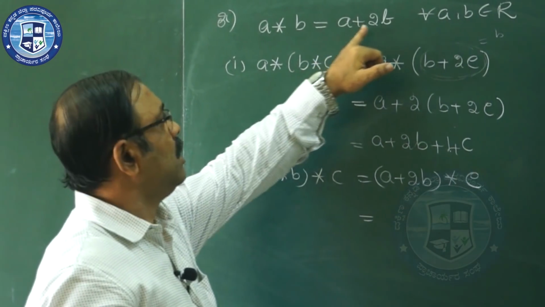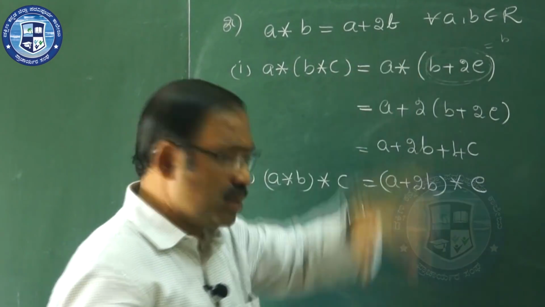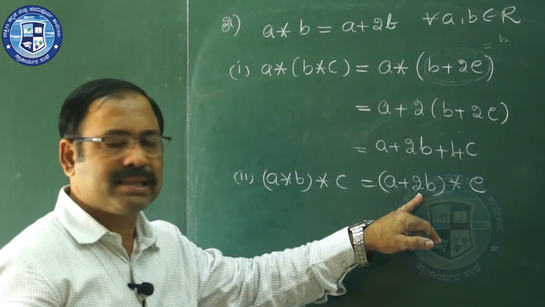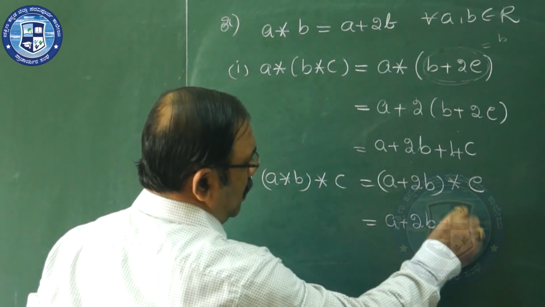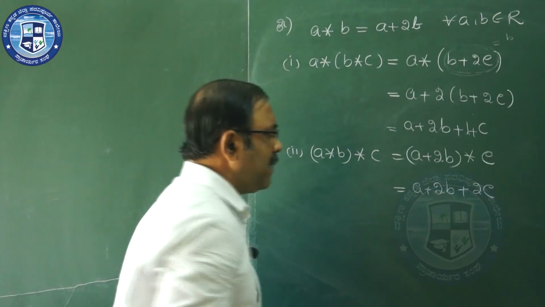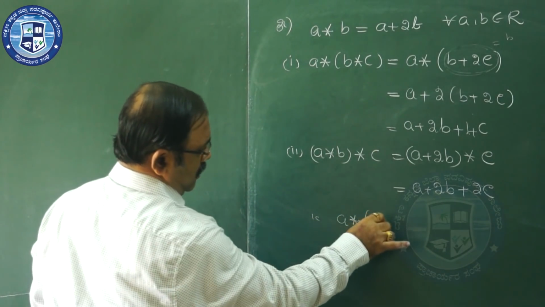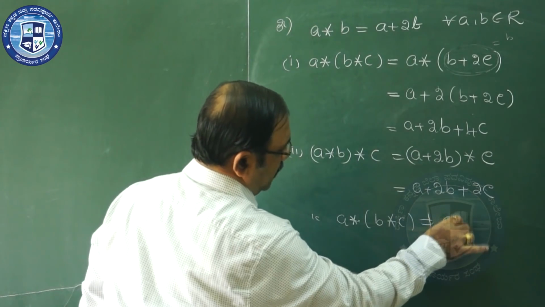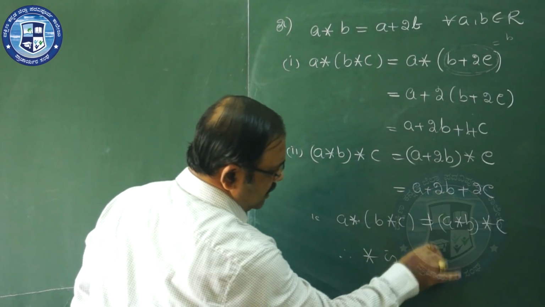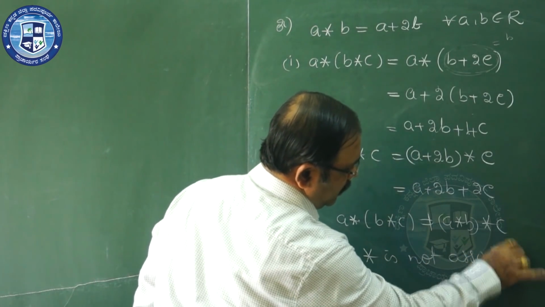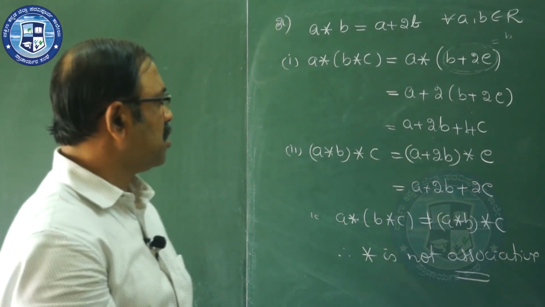First plus 2 into second. So, first is A plus 2B, 2 into second, so A plus 2B plus 2C. That is A star B star C not equal to A star B star C. Therefore, star is not associative. Have you understood the point?